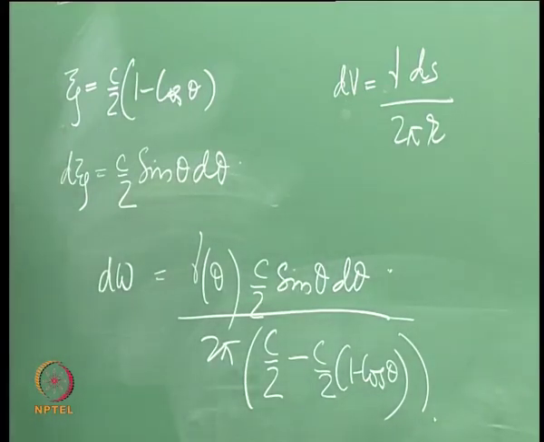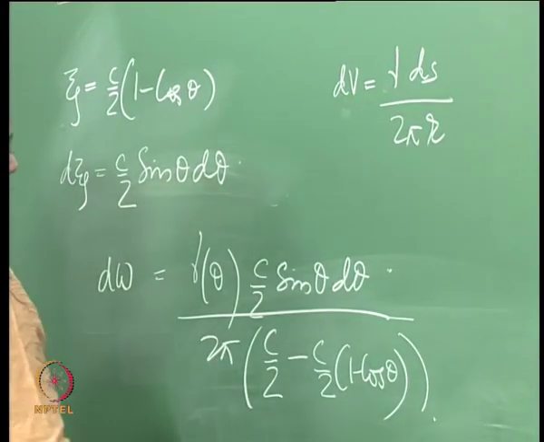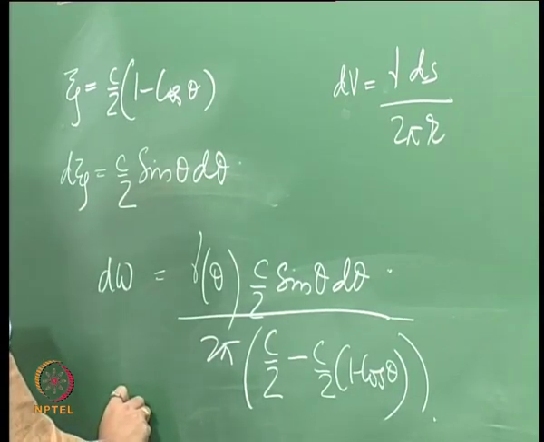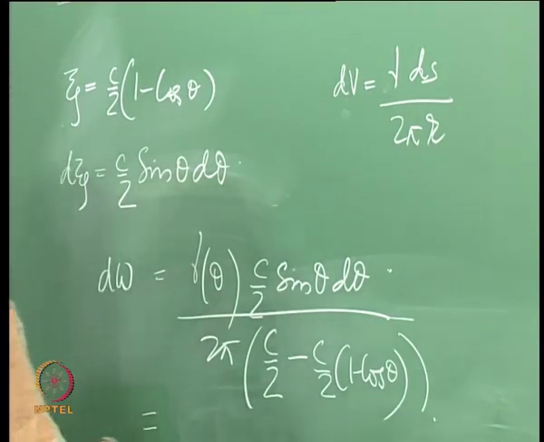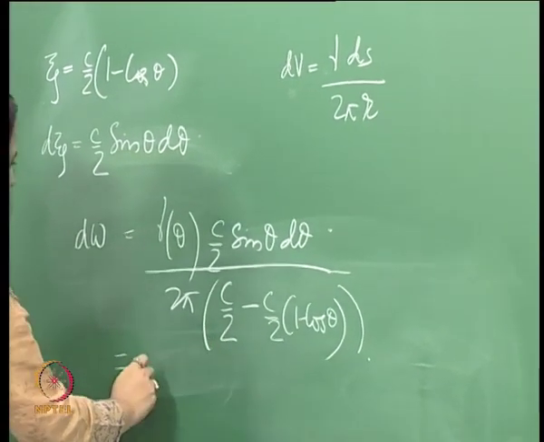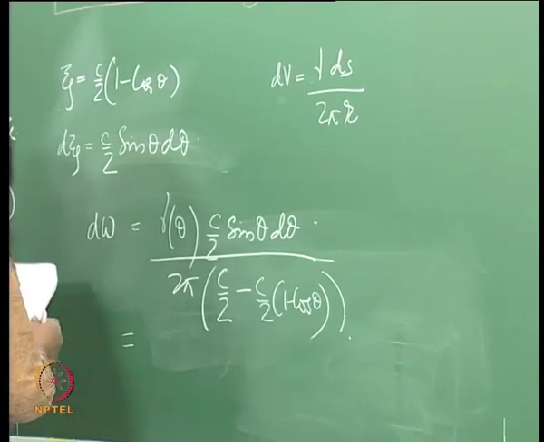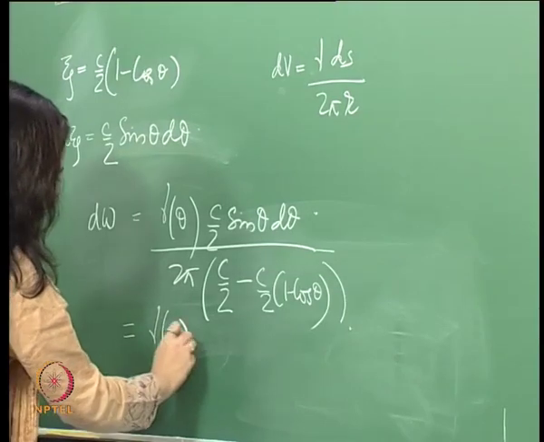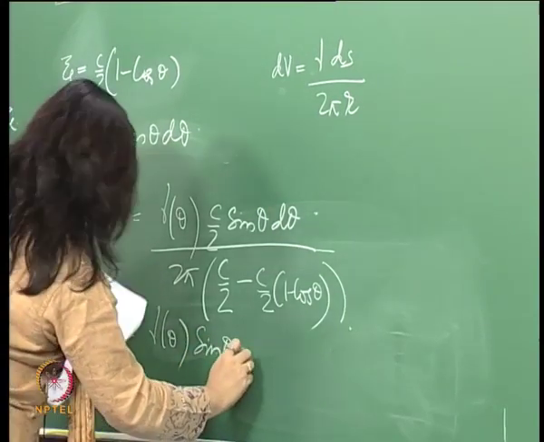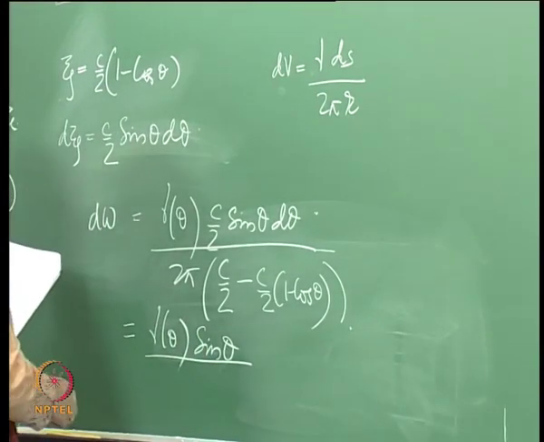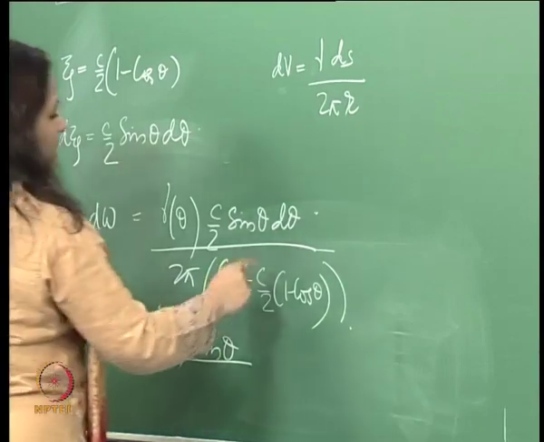So, this is for the total derivative. This comes out to be, let us do this here. So, c by 2, this would go, right. What we would essentially get over here is gamma theta, sine theta, and d theta.